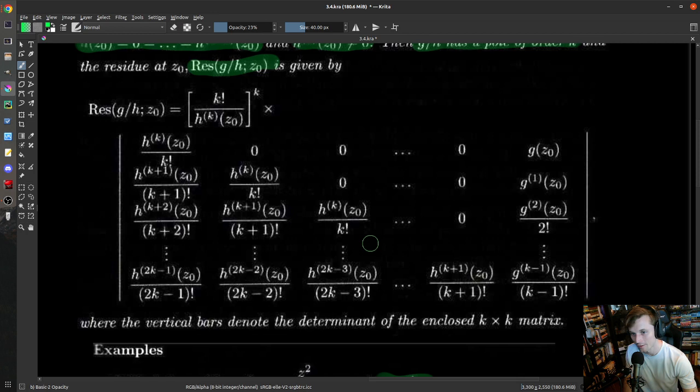Now, this matrix here will just have the kth derivative of H at z naught over k factorial, the next derivative of H at z naught over k plus 1 factorial, k plus 2 factorial, all the way down to the 2k minus 1th derivative of H at z naught divided by 2k minus 1 factorial.